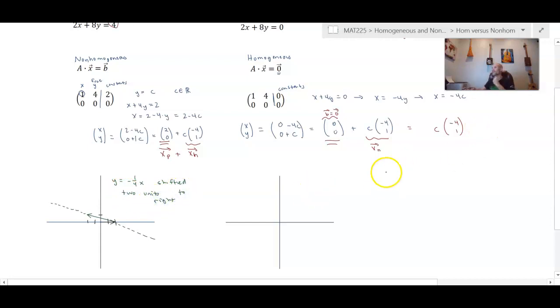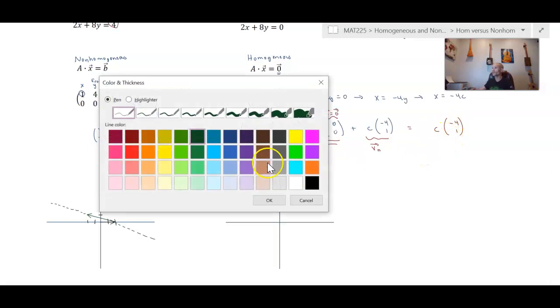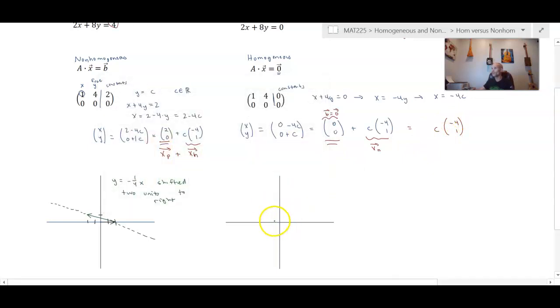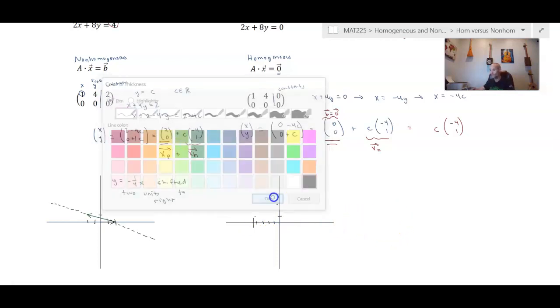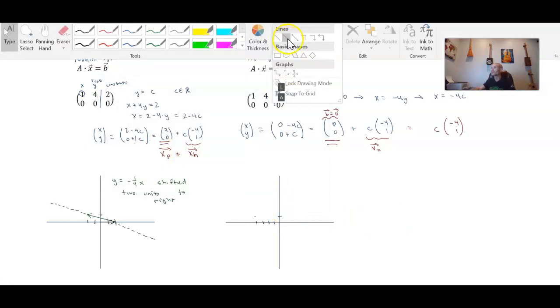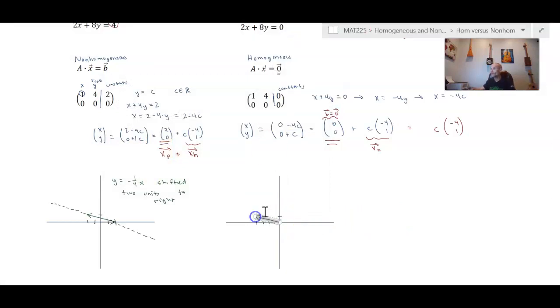And the difference between that and just the homogeneous solution is the homogeneous solution is any multiple of the negative 4, 1 vector. Now that's again going to be a vector that points, for every 4 units to the left there will be a 1 unit rise, so it'll look something like this. And any multiple of that will do, so it will be any scalar stretch or shrink of that, or in this direction, trying to make it look like it's on the same line.